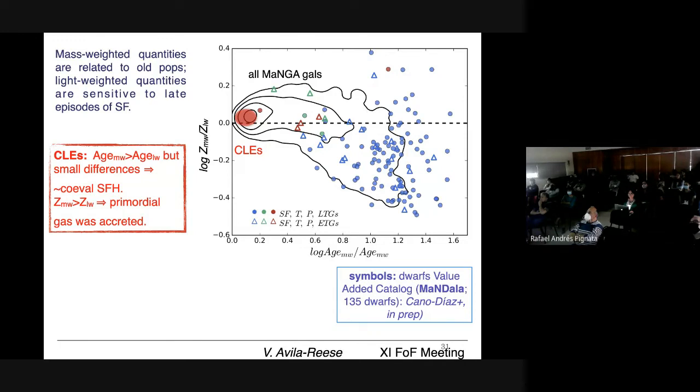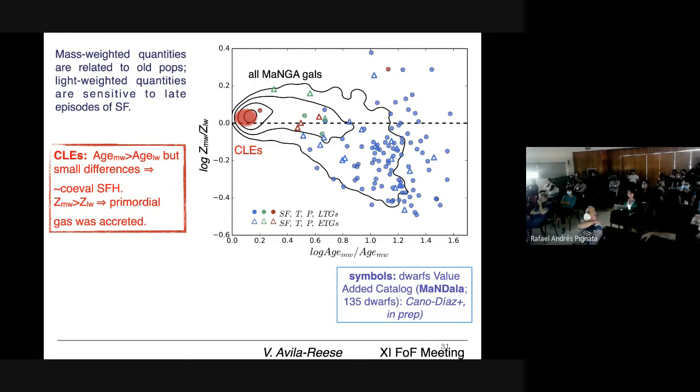the iso-contours show all the 10,000 MaNGA galaxies. For a typically massive galaxy, for example, where are our classical elliptical galaxies? They are here in this red region, where the difference between the mass-weighted age and luminosity-weighted age is very small. Of course, mass-weighted age is all the time larger than luminosity-weighted, but not by too much.